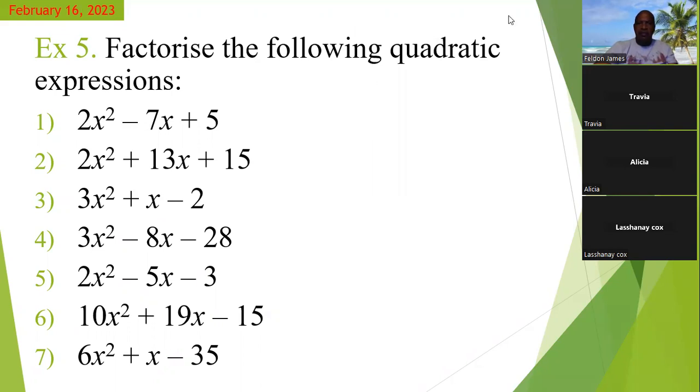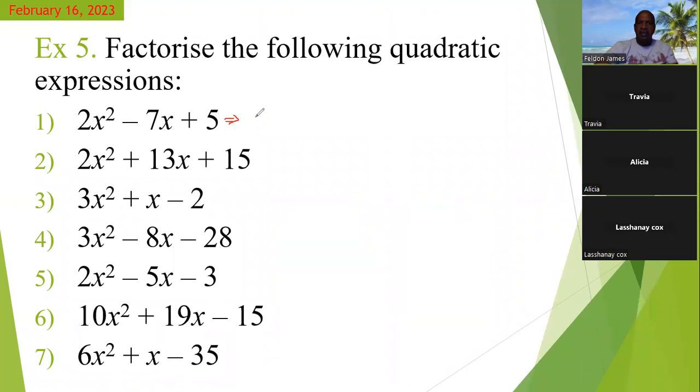So when we started off with this, we would have found AC. So for AC, we simply multiply the number in front, the x squared, times the last number in the expression.